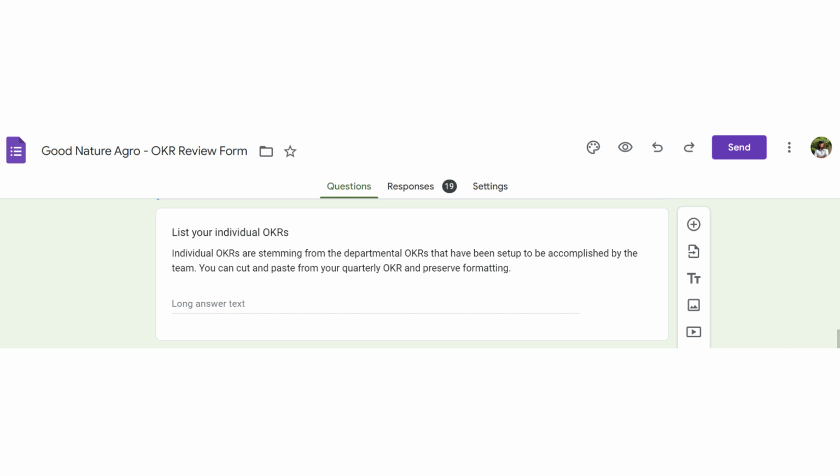Let's review the OKR review form and get a better understanding of the expectation as we do our OKR review every quarter. Question 1 helps you reflect on how the quarter has been. It will require you to prepare in advance the list of OKRs that were set at the beginning of the quarter and your achievements based on the OKRs set.